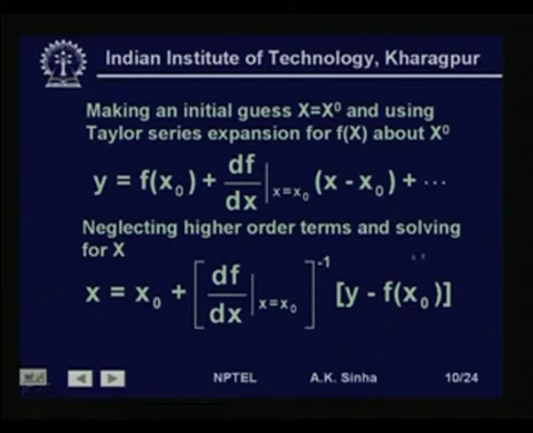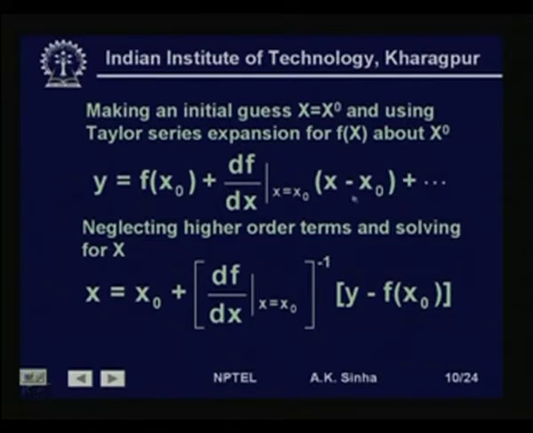So, neglecting higher order terms and solving for x, we get the solution as x is equal to x 0 plus the inverse of df by dx at x is equal to x 0, into (y minus f(x 0)).